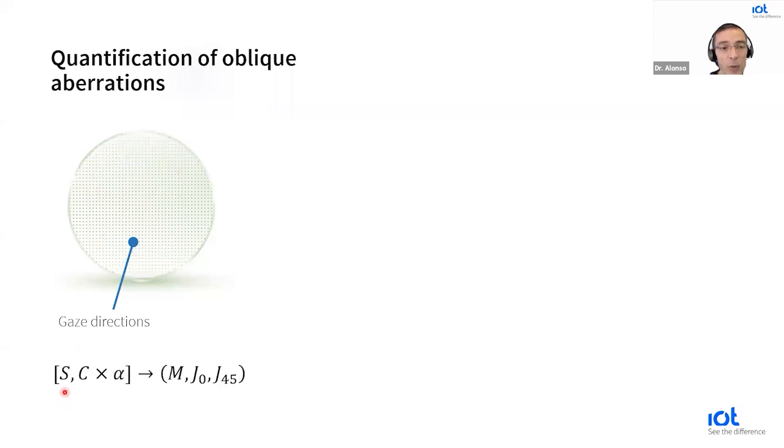At each point, the lens will have an oblique power with sphere, cylinder, and axis, but instead of using this representation of power, we will use the power vector, which is given by 3 parameters: M is the mean sphere, J0 is the projection of cylinder over a horizontal axis, and J45 is the projection of cylinder on a 45-degree axis.